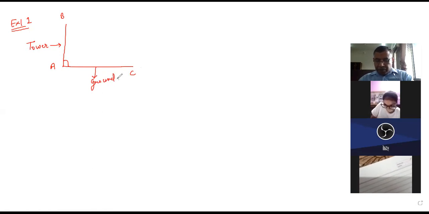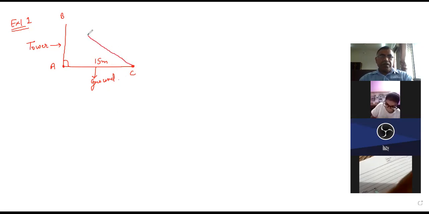From a point on the ground which is 15 meters away from the foot of the tower. So this is the foot of the tower. यहाँ से 15 मीटर दूर there is a point on the ground. The angle of elevation of the top of the tower is 60. So that means कि यहाँ से जब वो ऊपर देखा उसने, angle of elevation में नीचे से ऊपर देखना, तो this angle is 60.